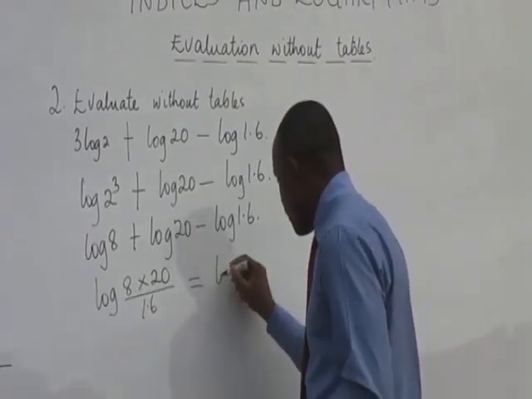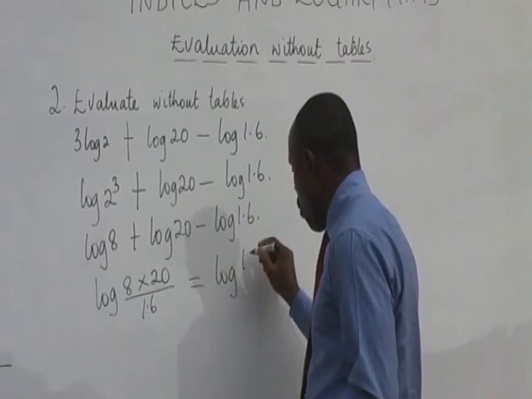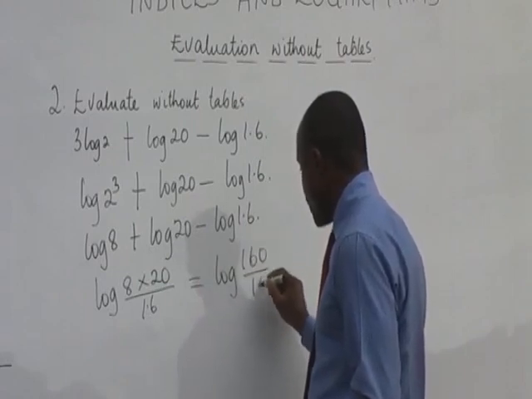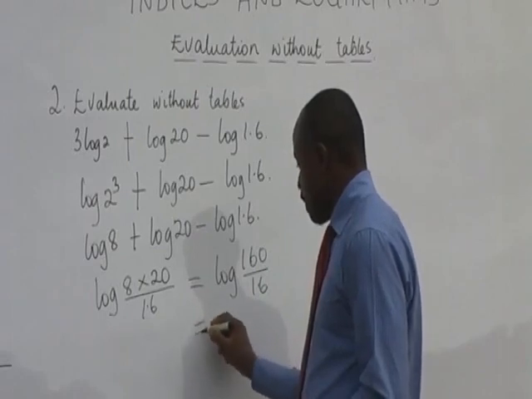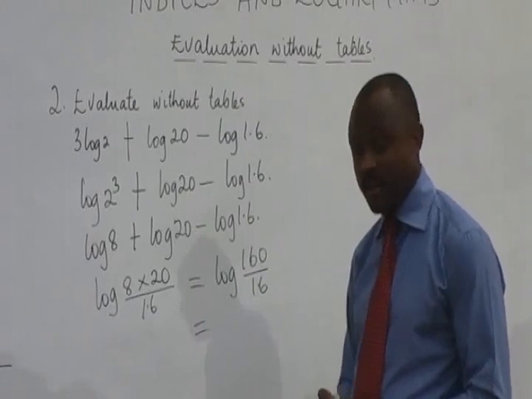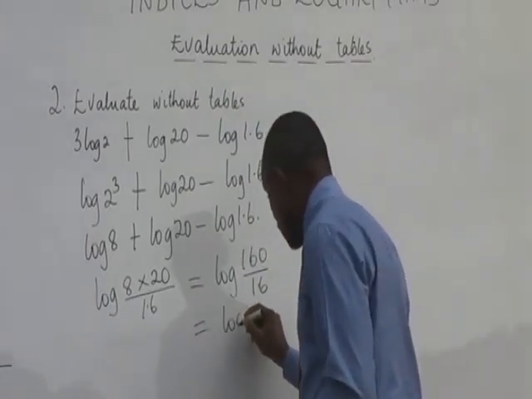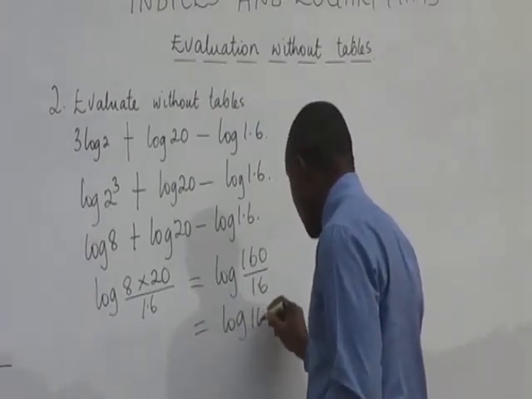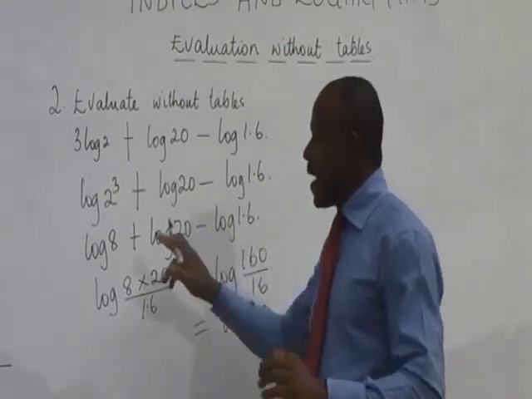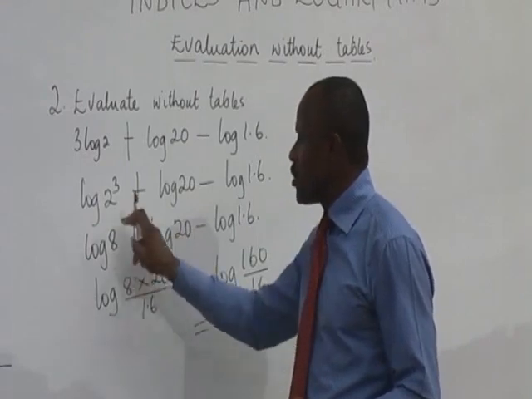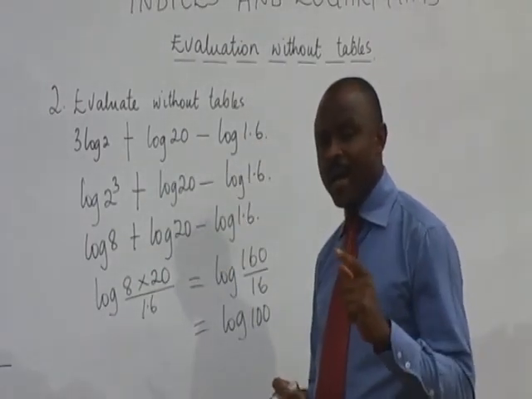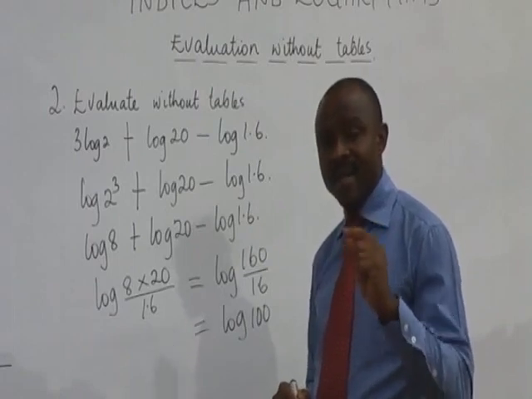So we are going to have log of 160 now divided by 1.6. 160 divided by 1.6 will give you 100. So I'm going to have log of 100. Remember, I told you, as far as there are no bases attached to these logs from the onset, they are in base 10.